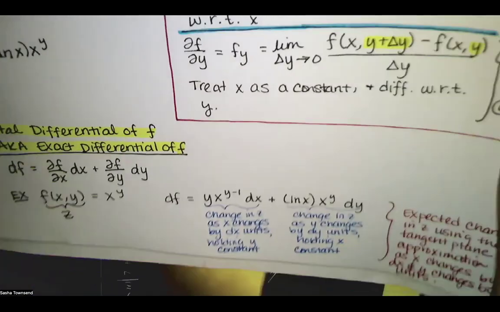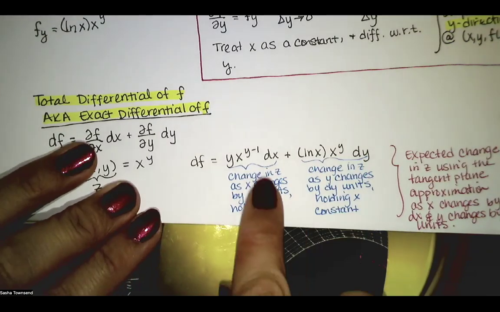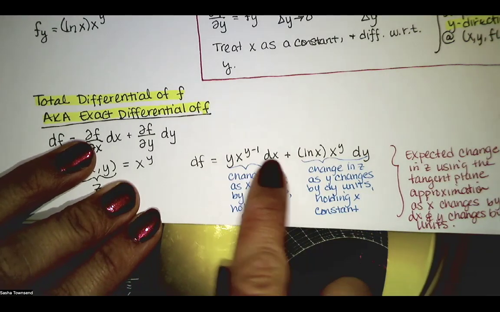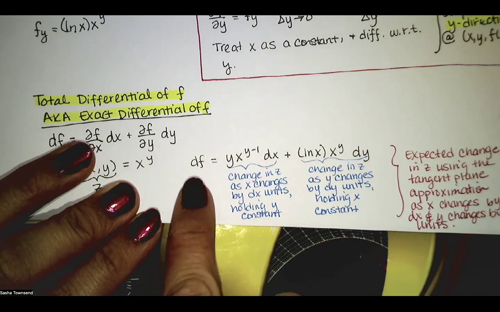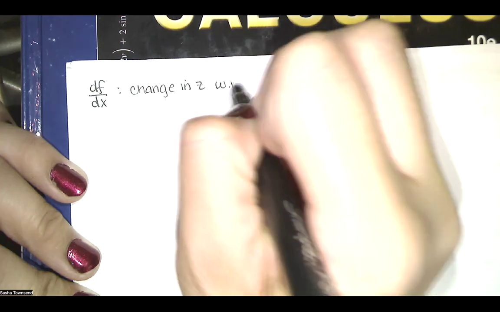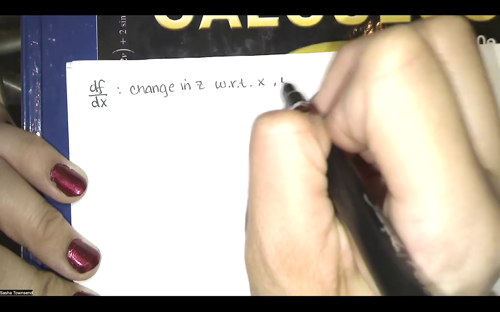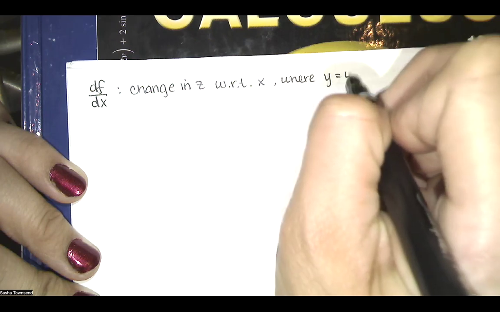Well, if my y is actually a function of x, I can just take this total differential and divide by dx, and we get something that's meaningful. So our df dx, the total change in z with respect to x, where y is actually a function of x.